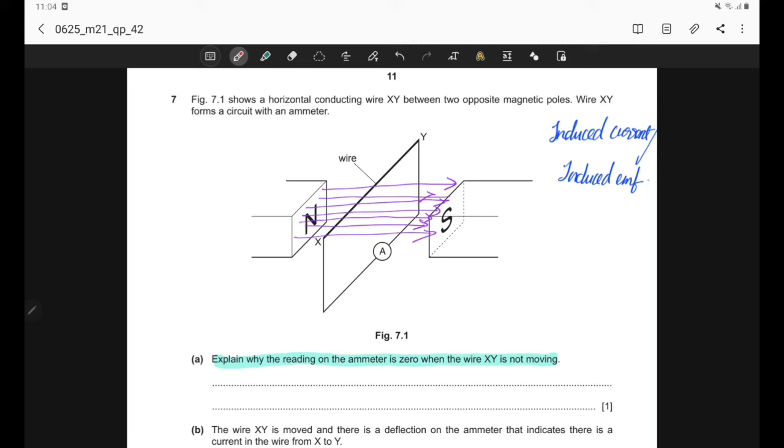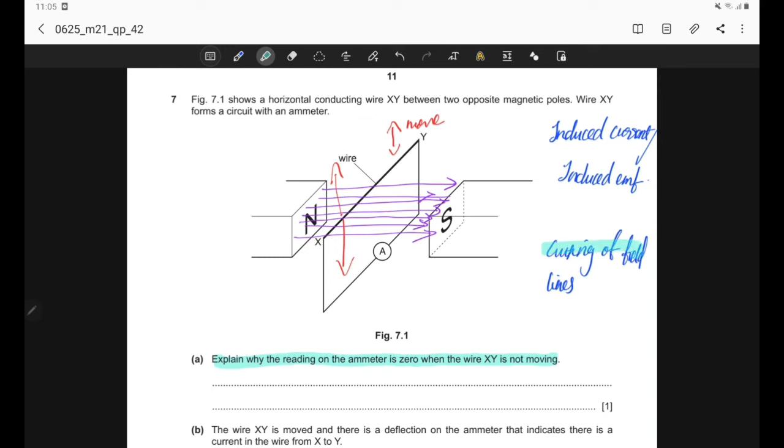Now, when you move this wire XY up and down, what will happen? The moment you start moving the XY wire, it will act as a knife cutting these field lines. When you move the wire downwards, it is cutting the field lines. Likewise, when we move the wire upward also, the wire will be cutting these field lines.